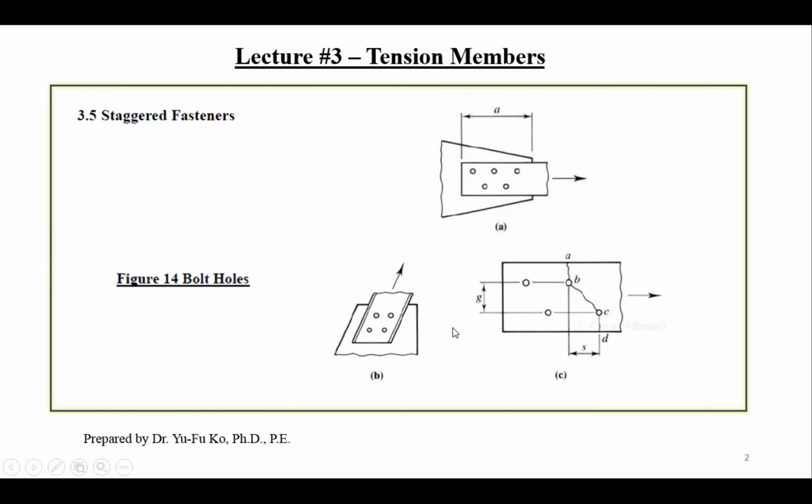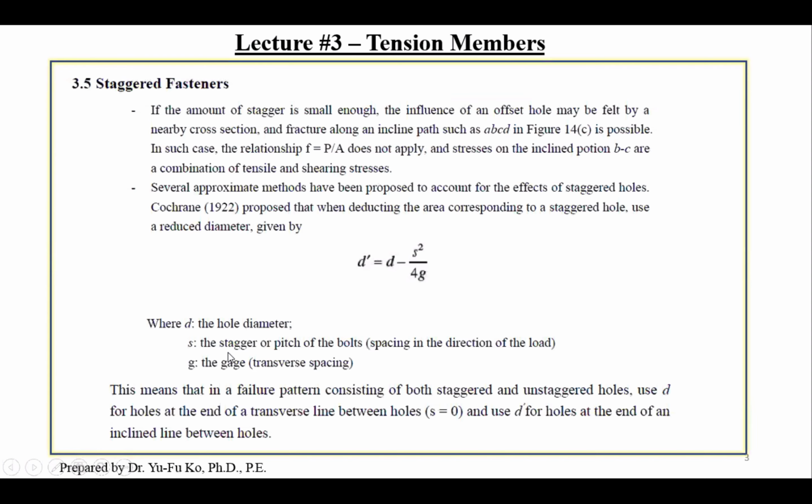Okay, so in a failure pattern consisting of both staggered and unstaggered holes, use d for a hole at the end of a transverse line between the holes, which is s equal to 0, and use d prime for a hole at the end of an inclined line between the holes.